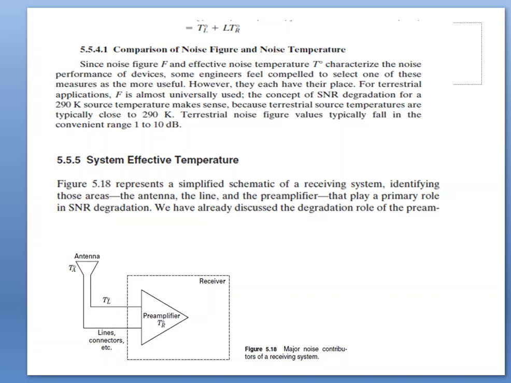So we can conclude that LF is provided in decibels, and we must provide LF as a ratio, so that Ts is equal to TA plus (10 to the power of LF divided by 10 minus 1) times 290 degrees Kelvin.